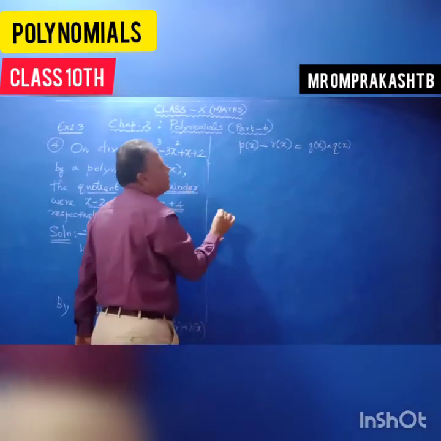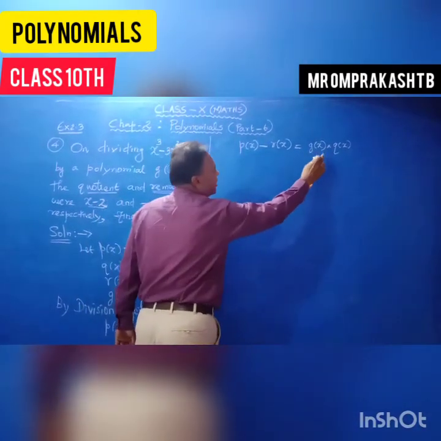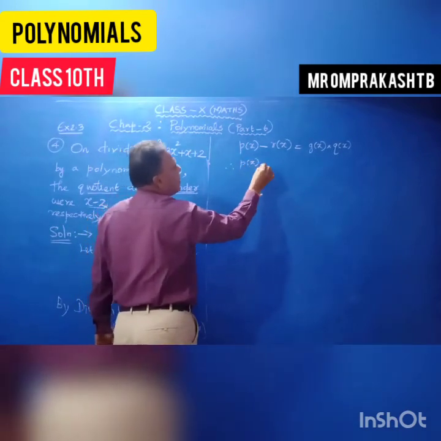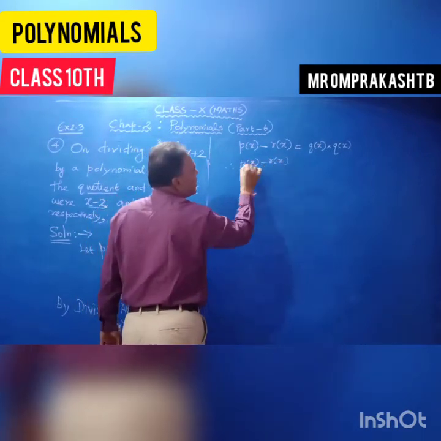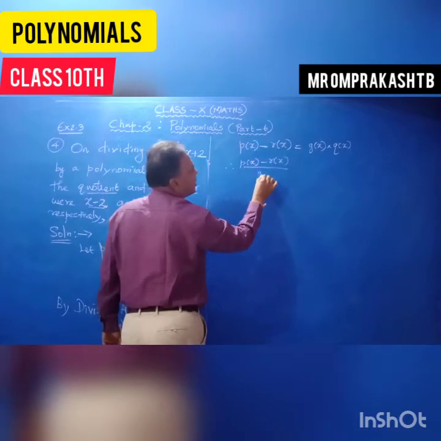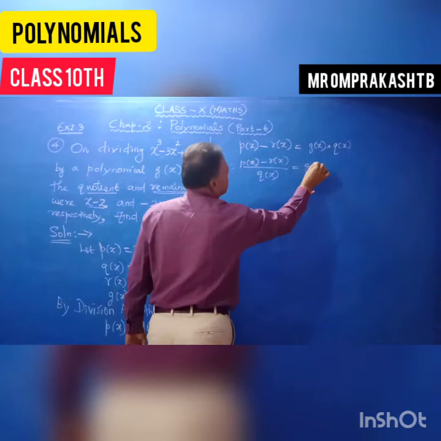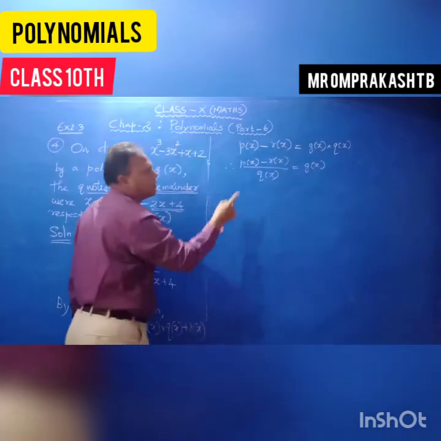Now we need g of x, so divide by q of x. Therefore p of x minus r of x by q of x is equal to g of x. Okay, we got g of x.